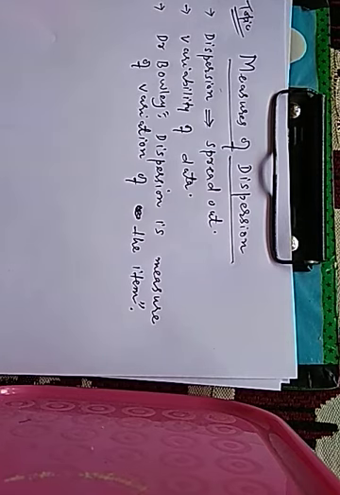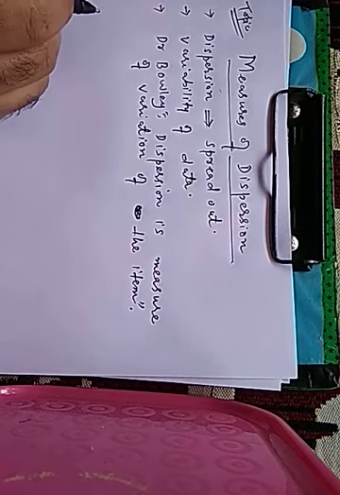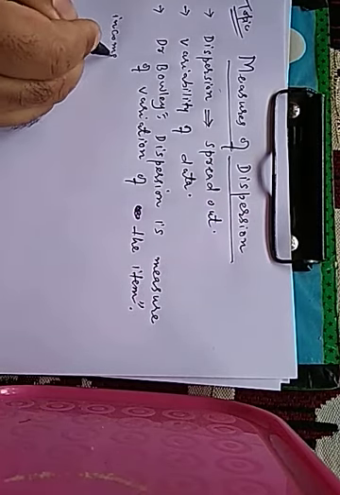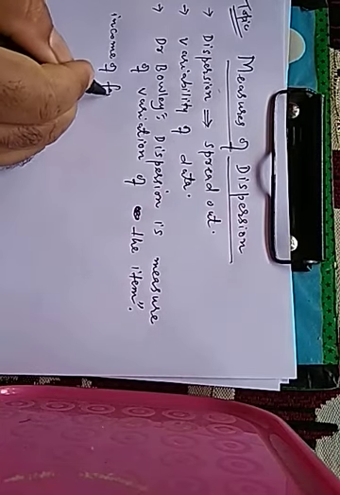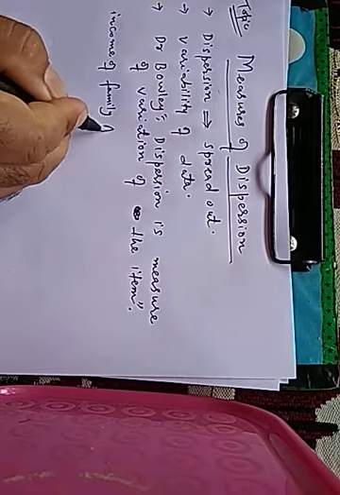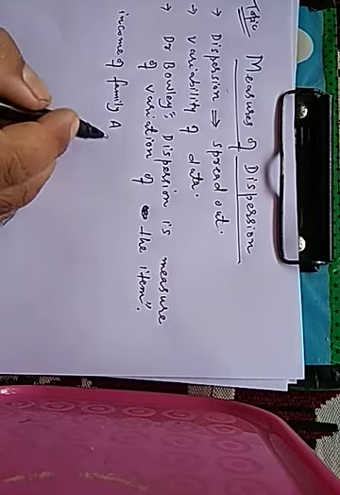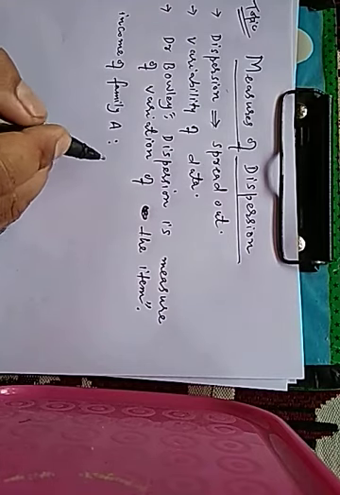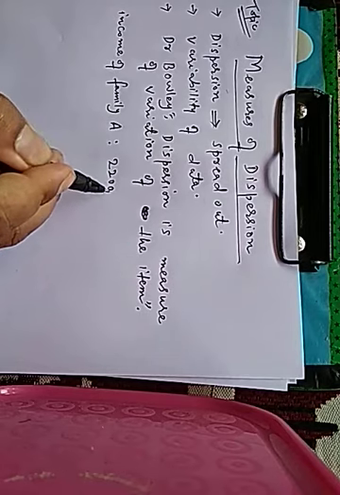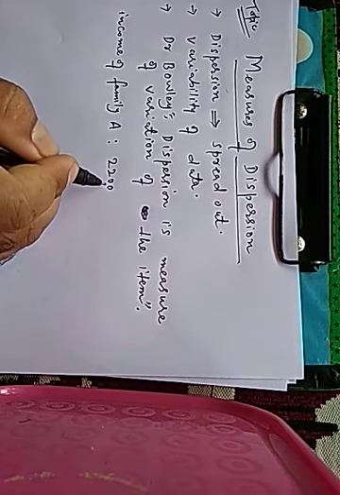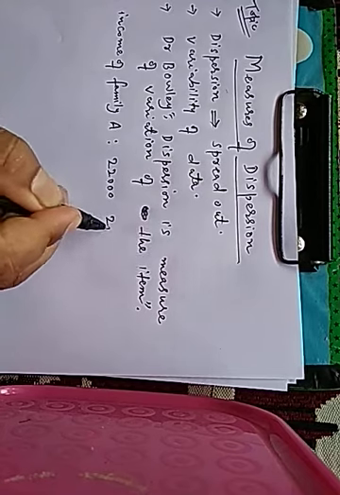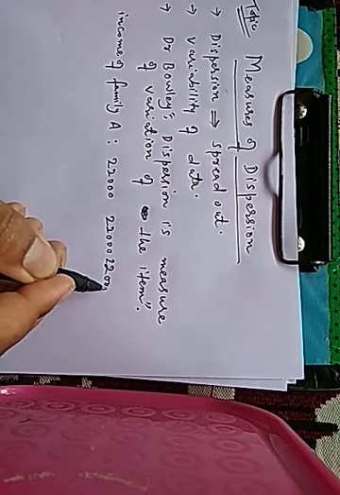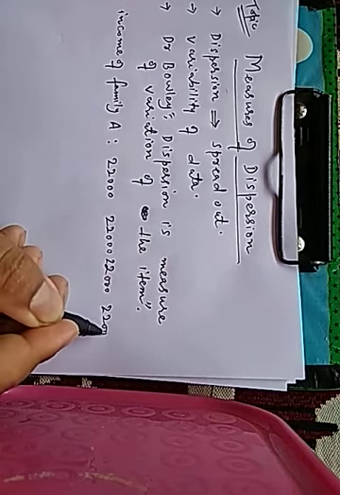For example, if we have data on income of family A, and it is given as 22,000 and 22,000.